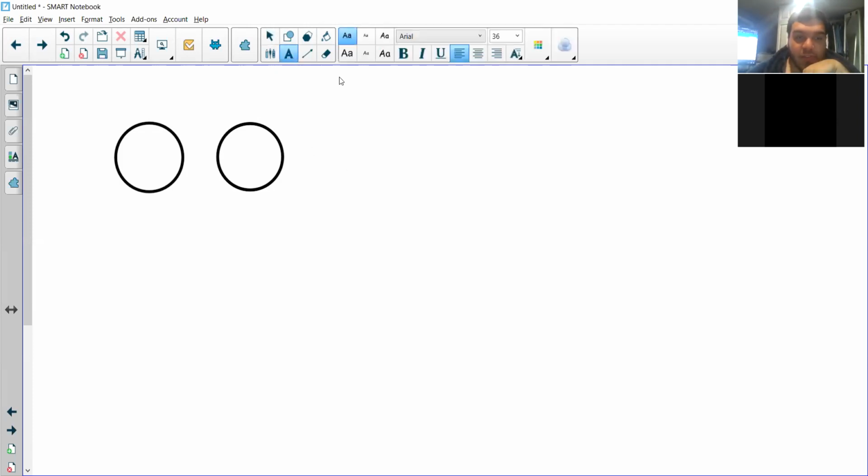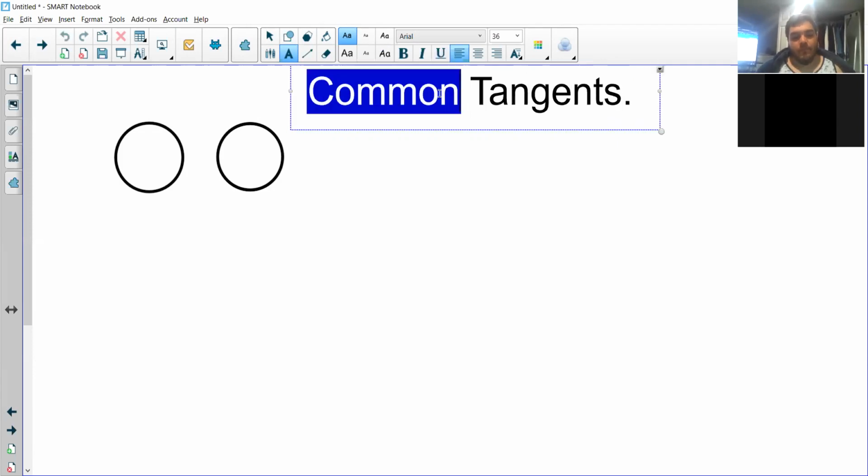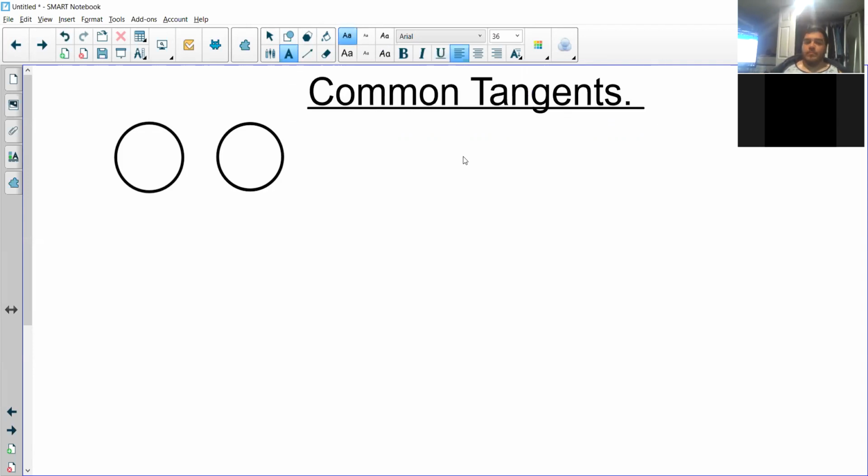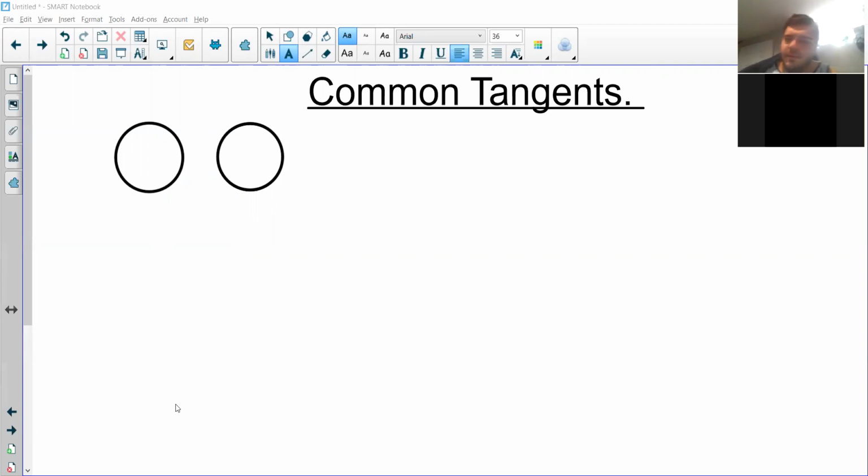And then this section, I'll give you a title for this section: common tangents. Okay.